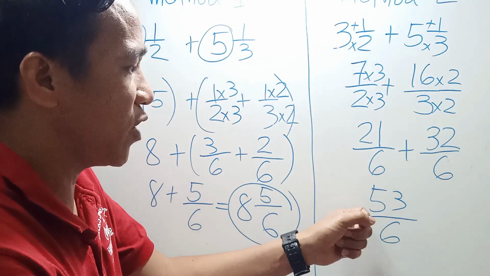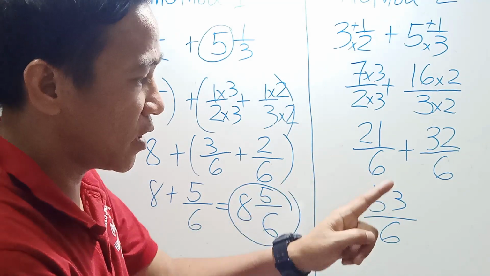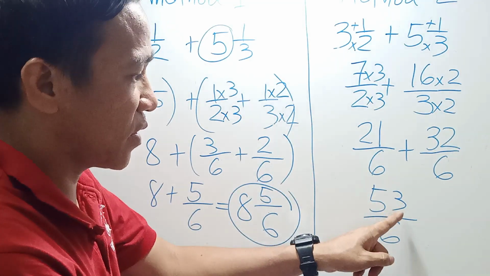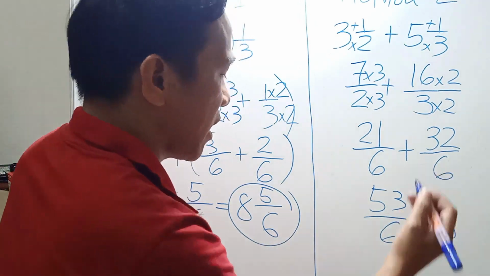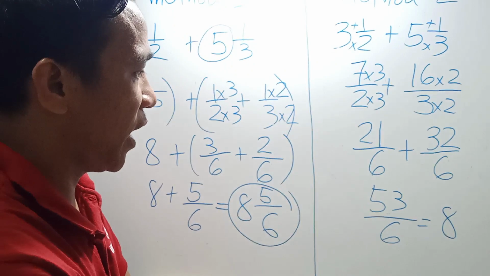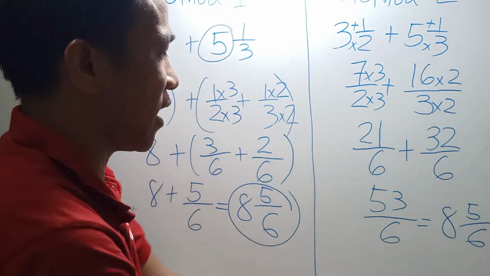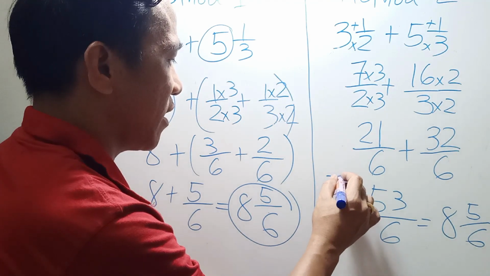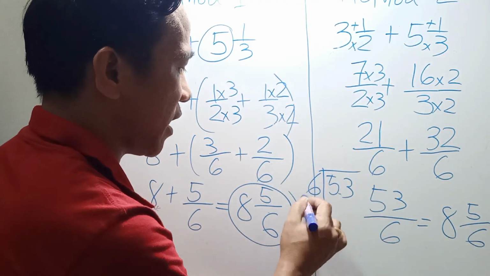Now, how many 6 can you make from 53? So 9 times 6 is 54. So it's over 53. So you can make 8. Okay? So 8 and 5 over 6. How did I get that? You just simply divide 53 divided by 6.